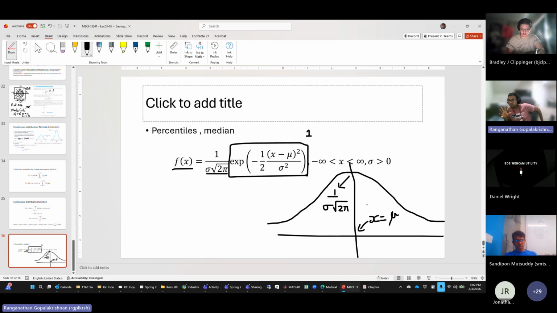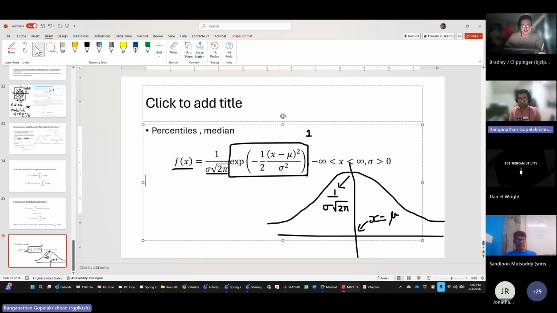Is that okay? I'm just making a very simple argument that this function reaches a maximum at x equals mu and can only decrease either way. Yeah, that makes sense. Okay, if that makes sense, all right.